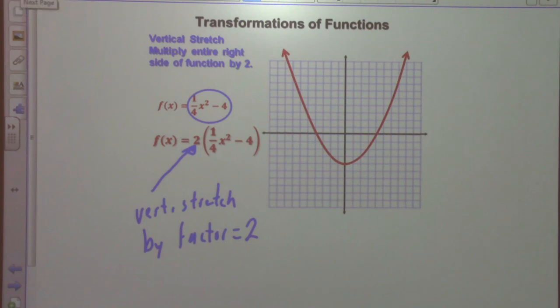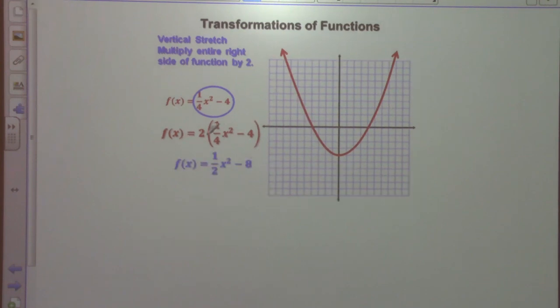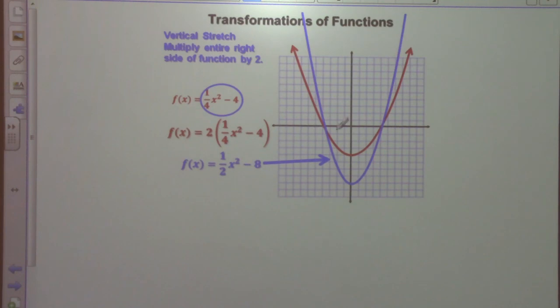And when we do that, we end up with 1/2 x squared minus 8. And when you graph that function, that's what it looks like. Can you see that's what it does? It's like you take that red one and just stretch by a factor of 2. If you put that in your calculator, that's exactly what you'd see.